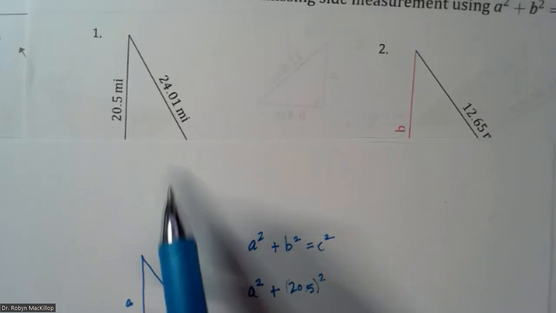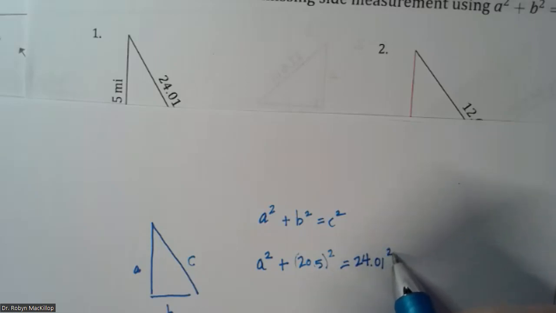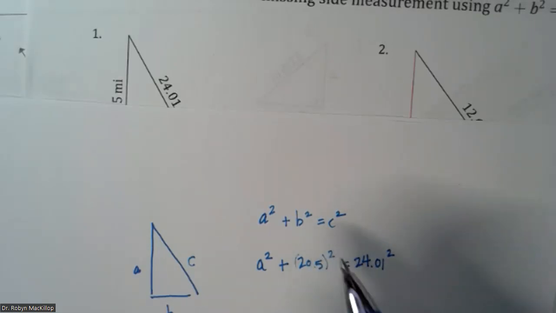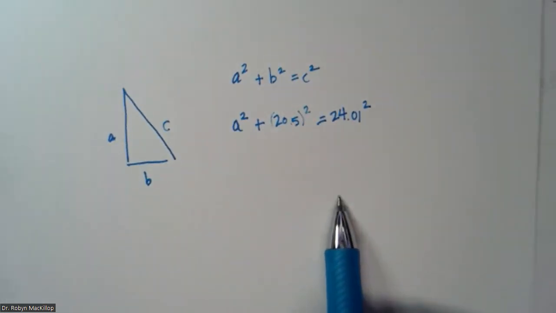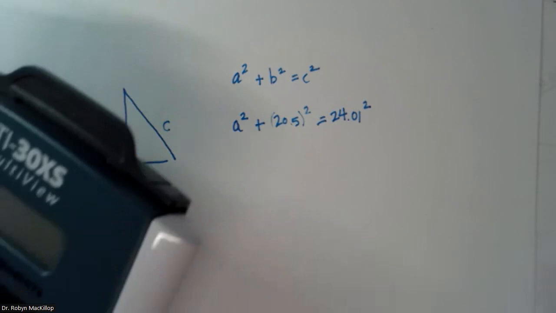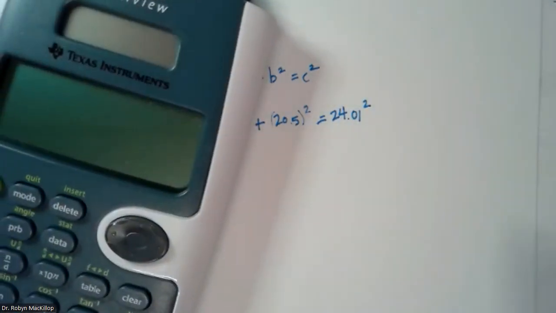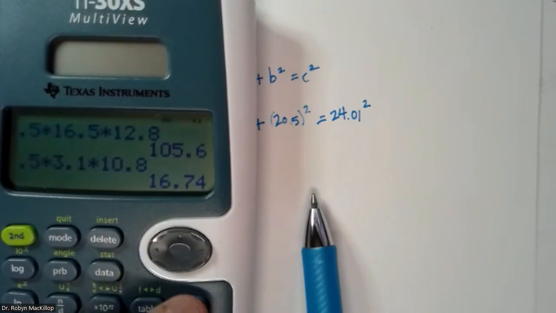And then C is 24.01, also squared because of the formula, equals. So this is looking like an algebraic equation, isn't it? They exist in geometry.